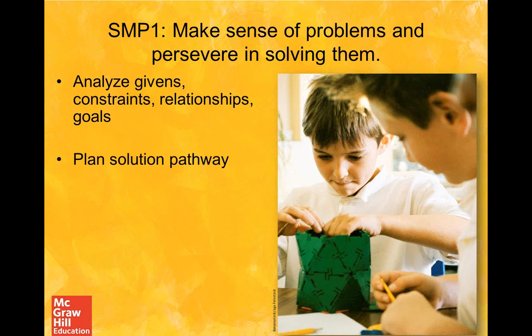Students don't jump into finding a solution attempt, but they take a moment to think about what their path to the solution will be. Now, in order to do that, they must consider similar problems or analogous kinds of problems. In other words, they have to ask themselves, have I seen this before?